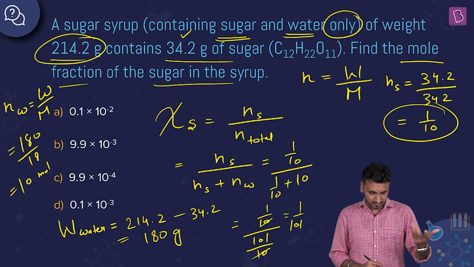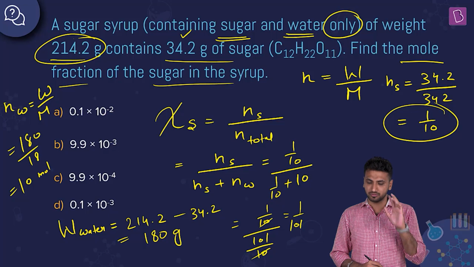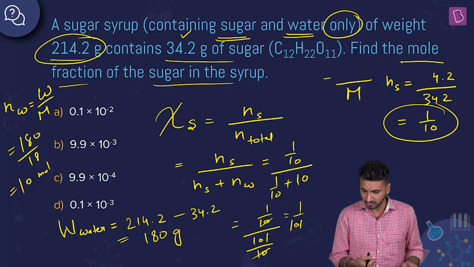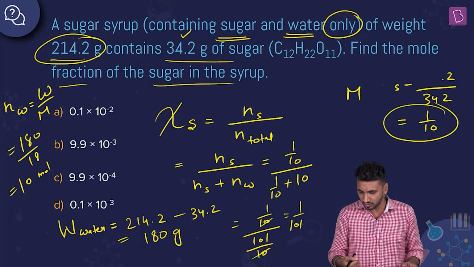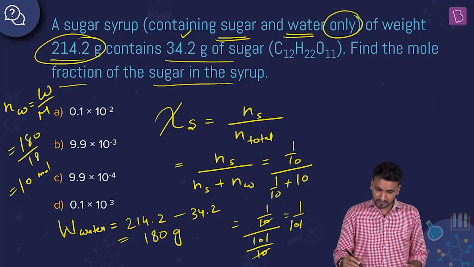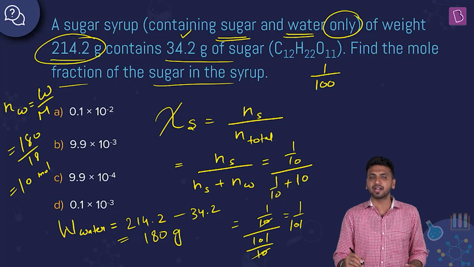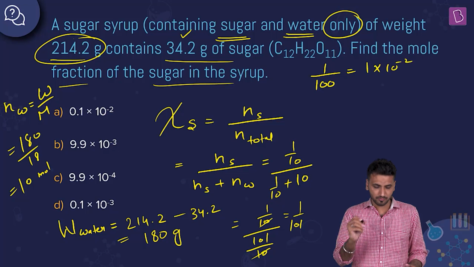If you look at the options, the answer is in scientific notation. So let's convert this with simple approximation. I'll approximately take it as 1 by 100, which is nothing but 1 into 10 raised to power minus 2.